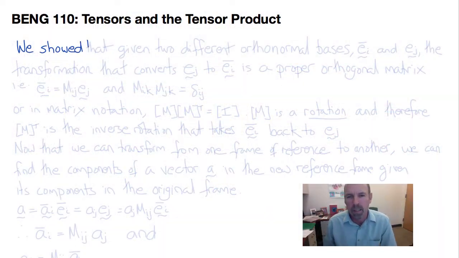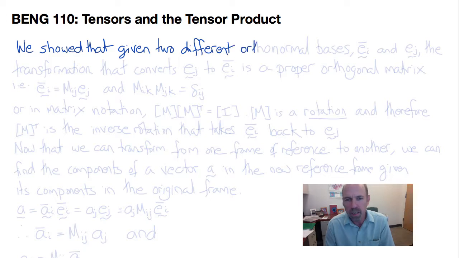Welcome back. Last time we considered that a vector is a physical quantity, so that if two different observers are looking at that vector using different frames of reference, then the difference between the components that they measure for that vector must be able to be obtained if you know the difference between their frames of reference.